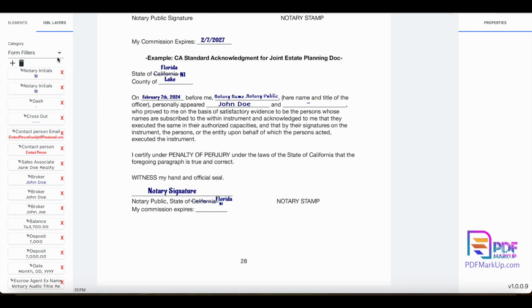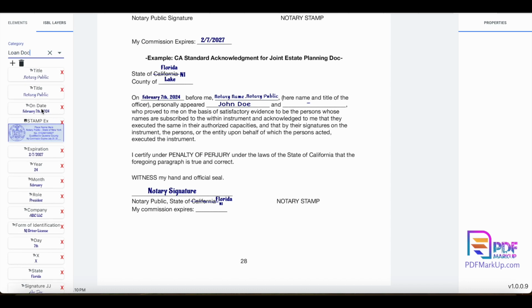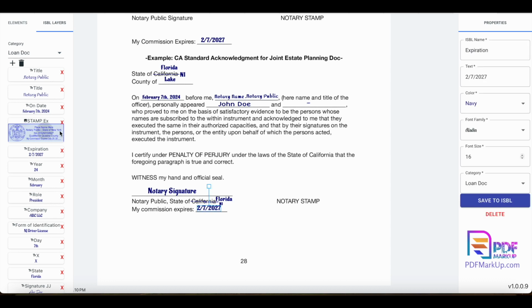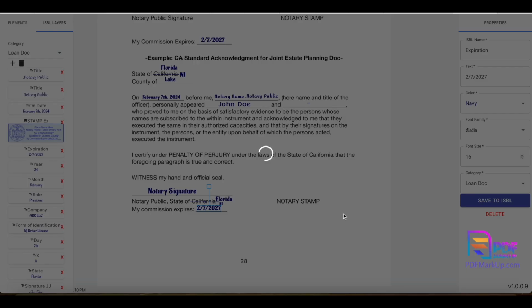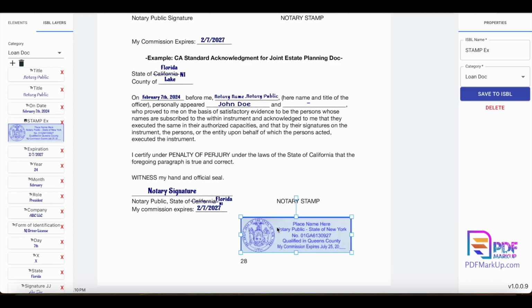And then we're going to put an expiration date. And stamp. And that's that there. All right.